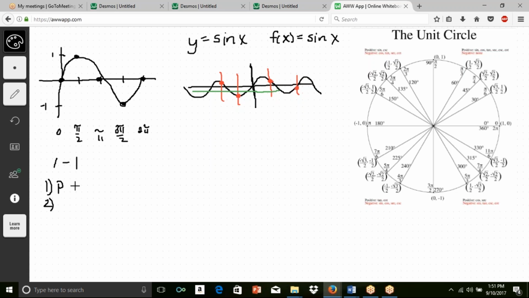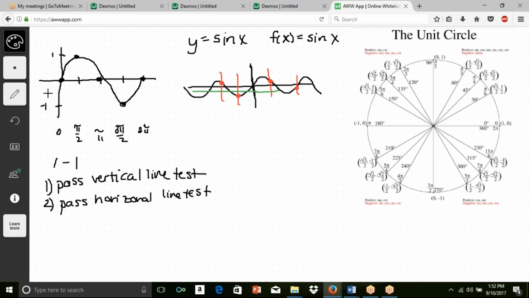One, it has to pass the vertical line test, and it also has to pass the horizontal line test. So how can we determine that this needs to be fixed? Since it doesn't pass the horizontal line test, we need to do something here.